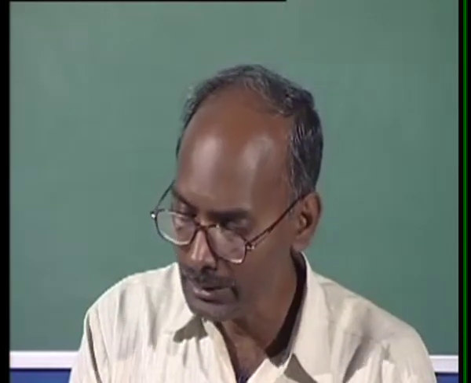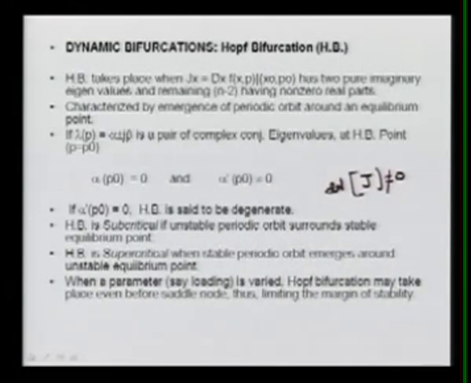But in the Hopf bifurcation the determinant is not 0, but the eigenvalues are a pair of pure imaginary eigenvalues. Normally I can say lambda i is nothing but alpha i plus j beta i. So, here alpha will be 0.